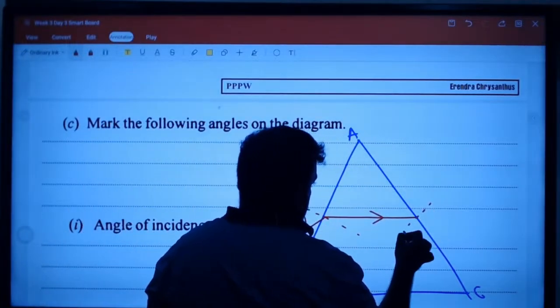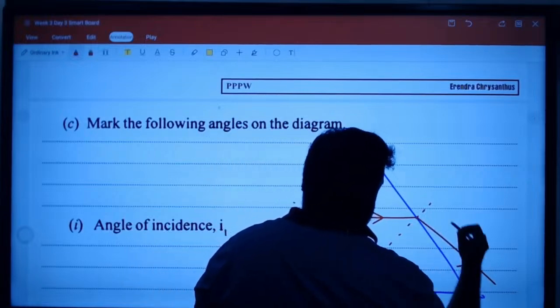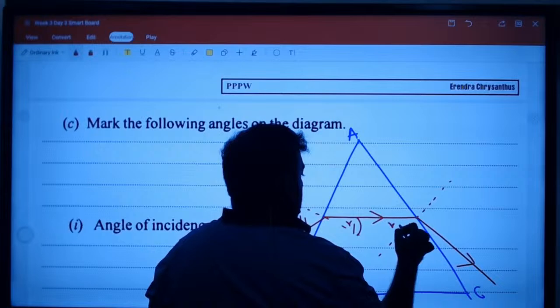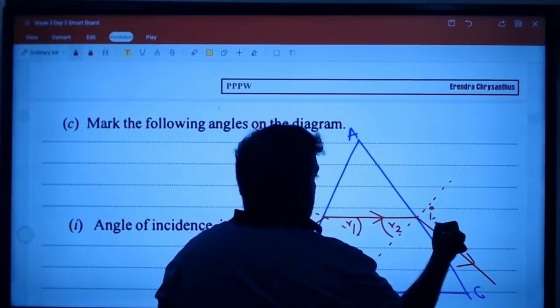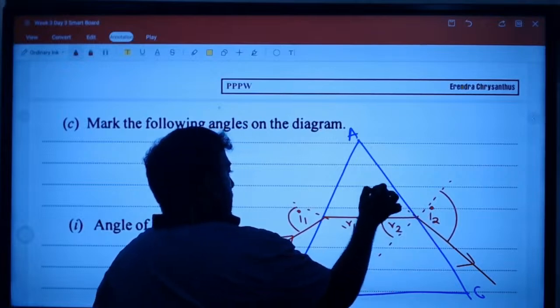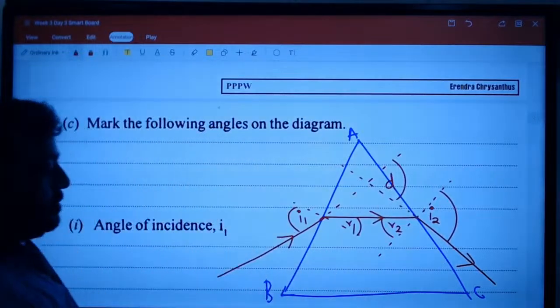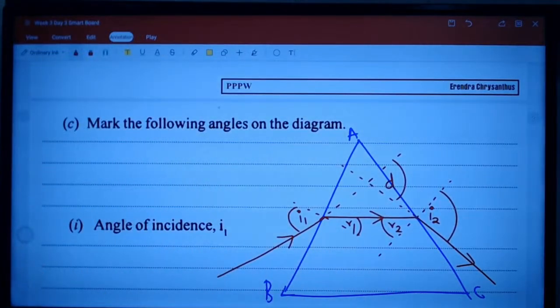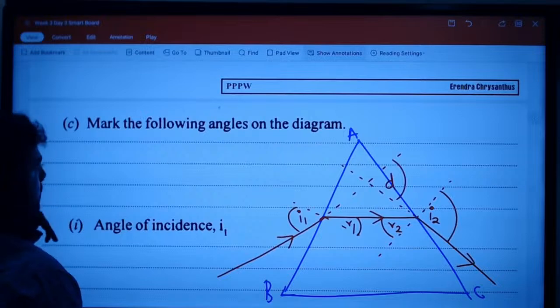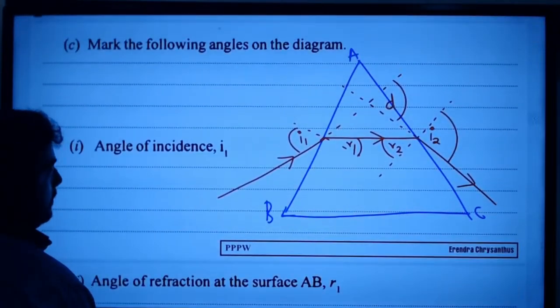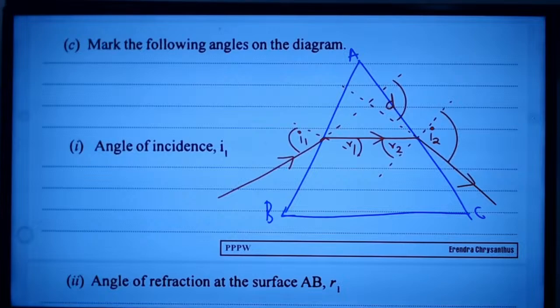Here, R1, R2, I2. Extend this, extend this. P is your deviation. Mark it once we need it.